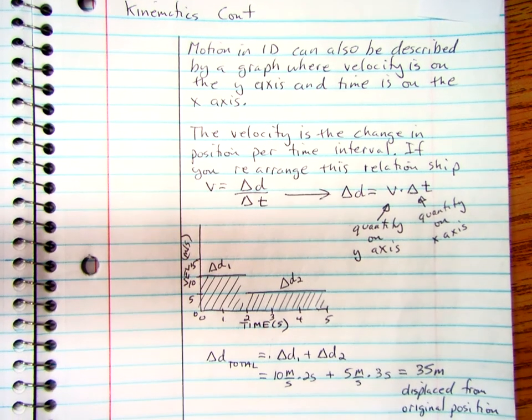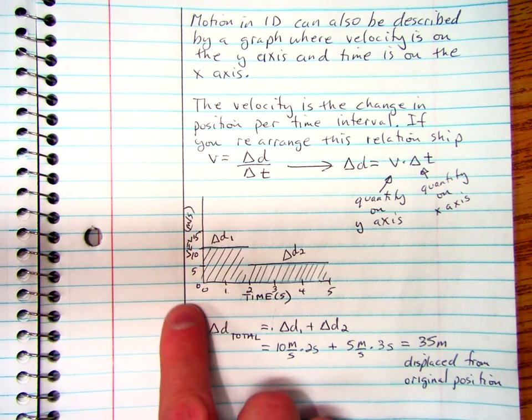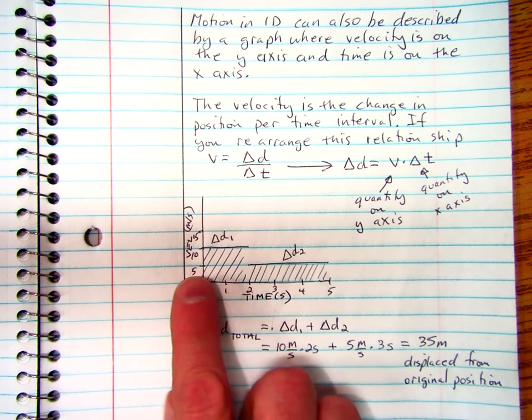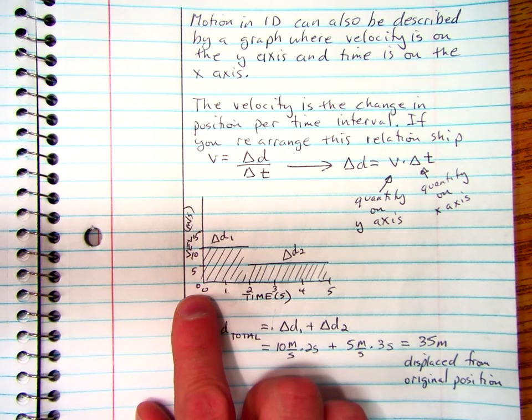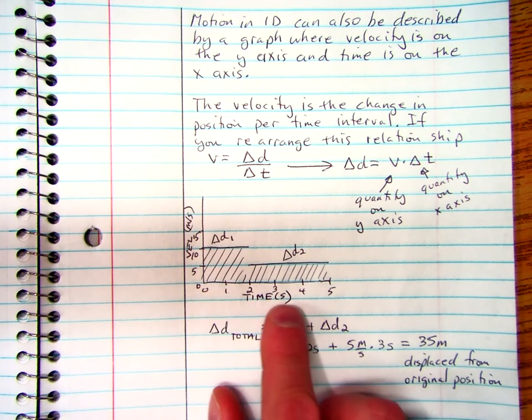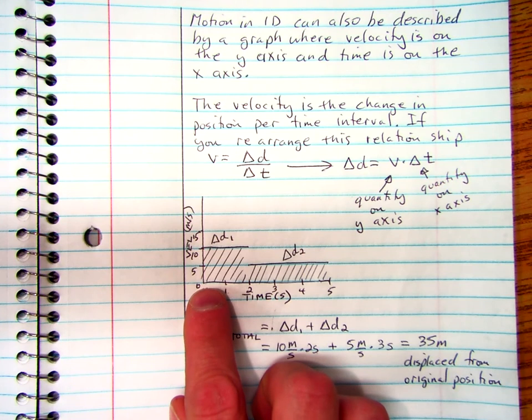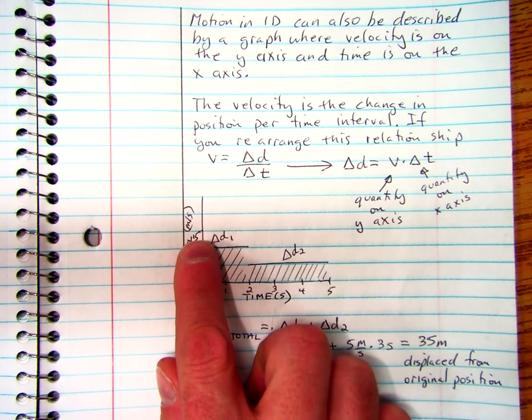I've drawn an example of a velocity versus time graph, and I want you to draw this in your notebook. So on this velocity versus time graph, we have time going from 0 to 5 seconds, and we have velocity going from 0 to 15 meters per second.